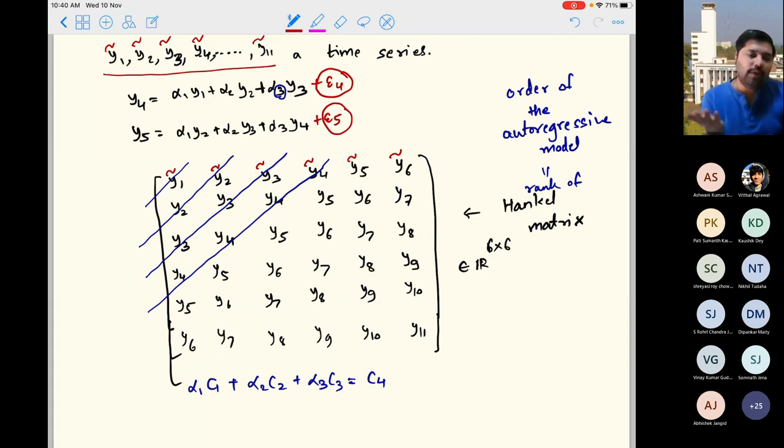So what we are actually looking at is a Hankel matrix, and in order to decipher if there is an autoregressive relationship in the given time series or not, we can find the nearest low rank approximation to the Hankel matrix. Now, the problem in computing the nearest low rank approximation is that the Hankel structure in that approximation may not be preserved.